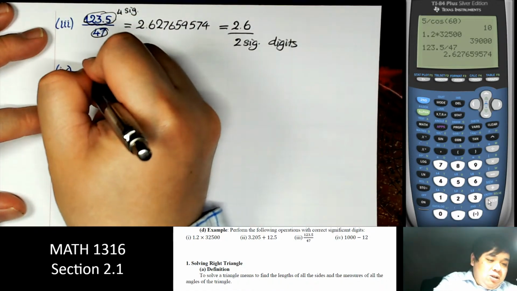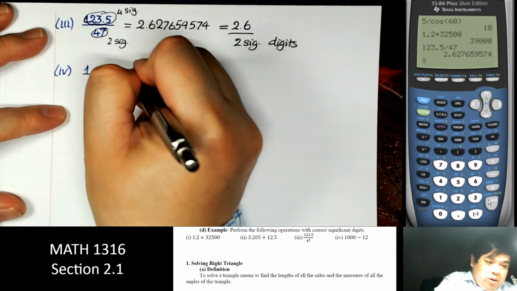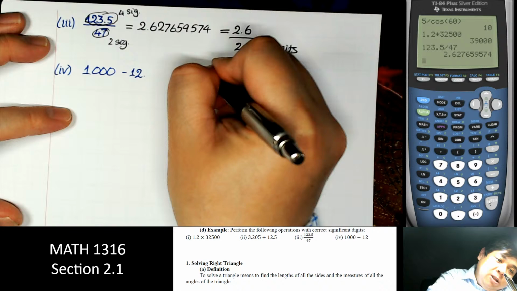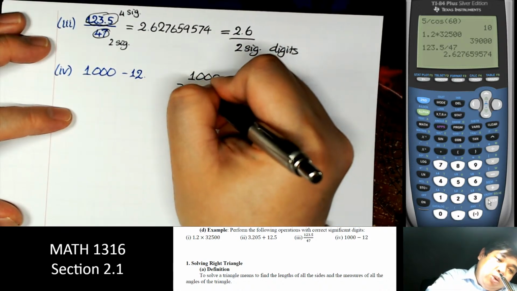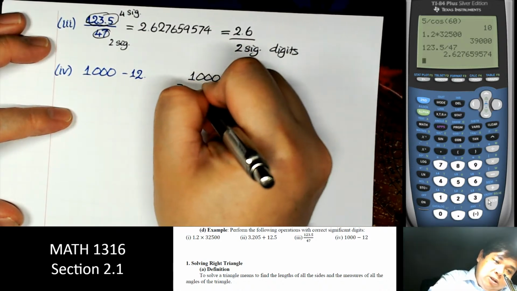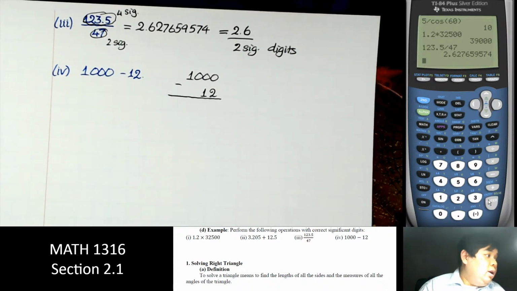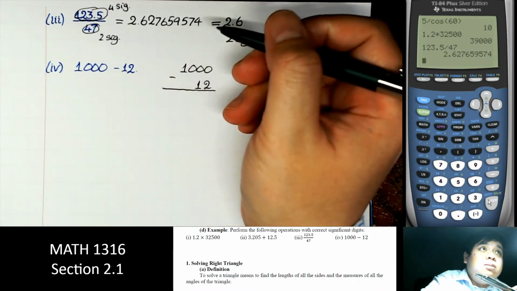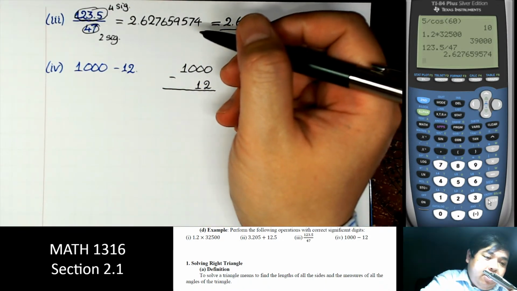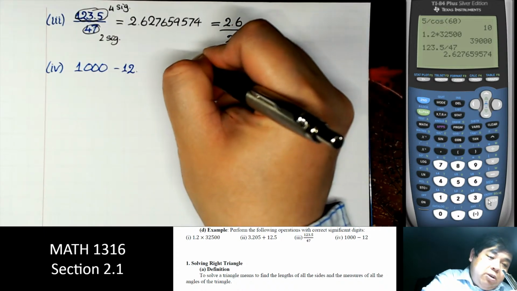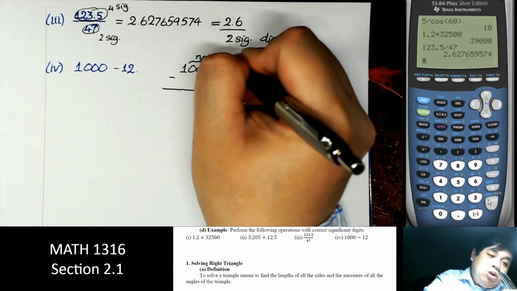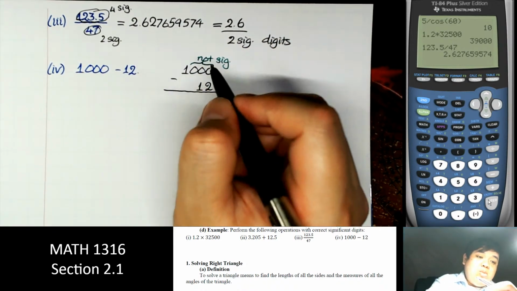Right, 1000 minus 12. First, those zeros are not significant because those are trailing zeros without a decimal point.